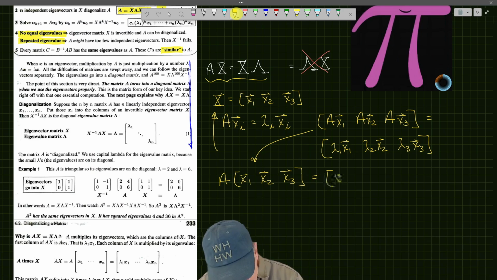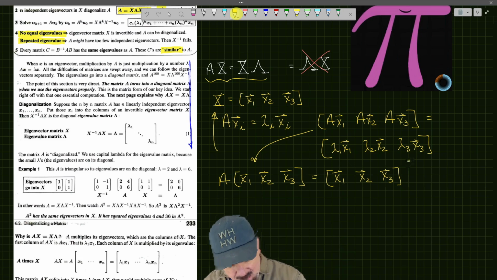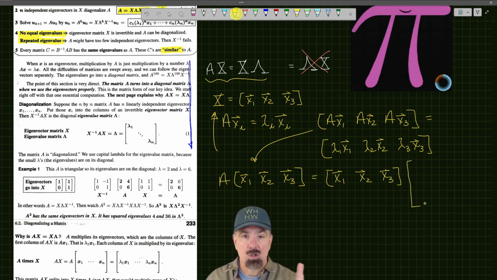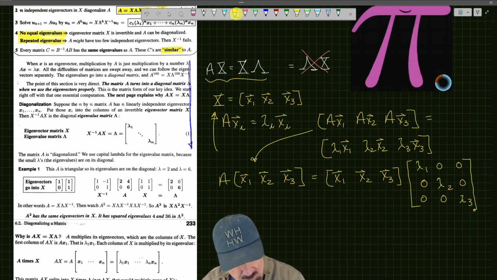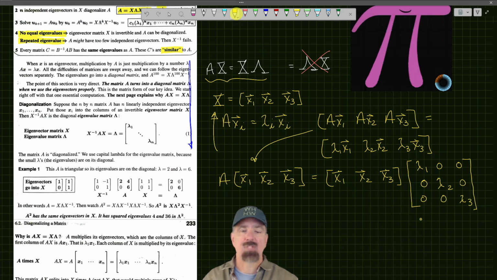It turns out that we can extract the same matrix, the matrix whose columns are the eigenvectors, if we right multiply by a diagonal matrix where the eigenvalues are the diagonal elements. Now we can see why it has to be X times capital Lambda.